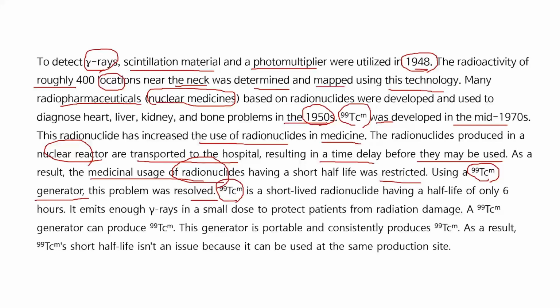TC99M is a short-lived radionuclide having a half-life of only 6 hours. It emits enough gamma rays in a small dose to protect patients from radiation damage. A TC99M generator can produce TC99M.